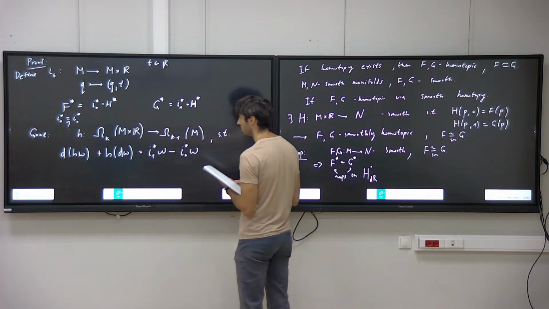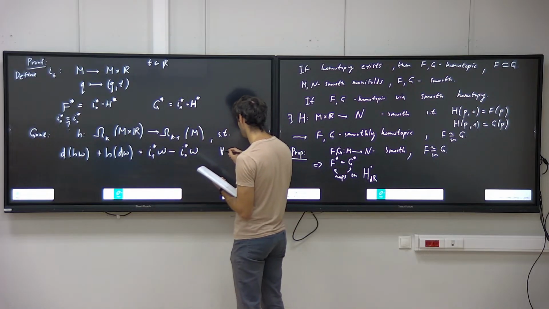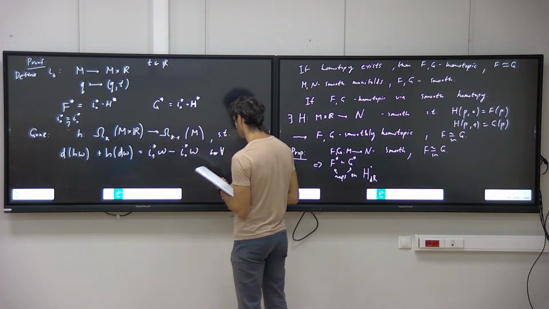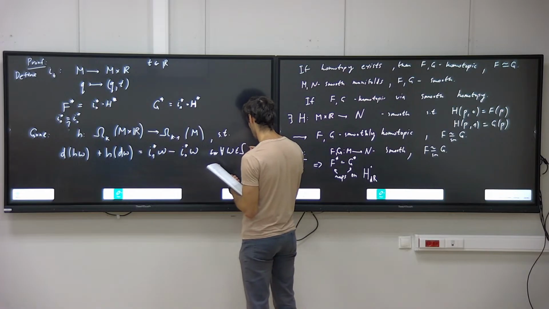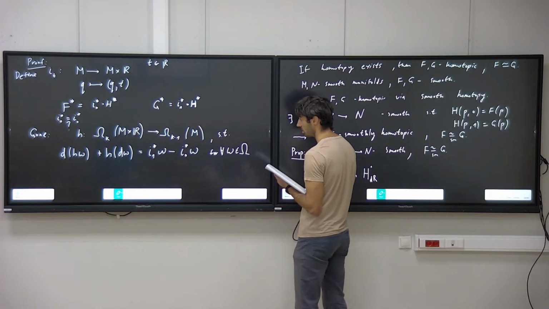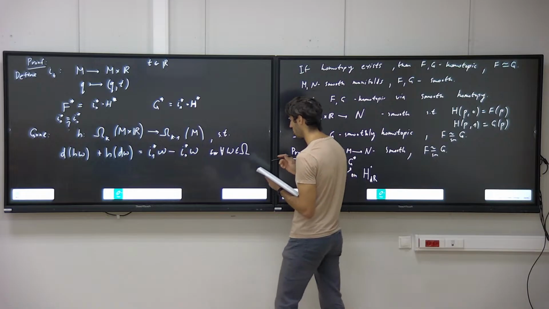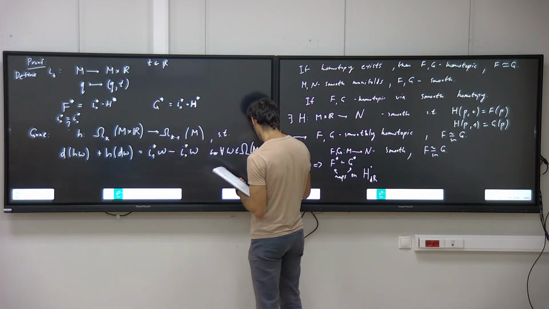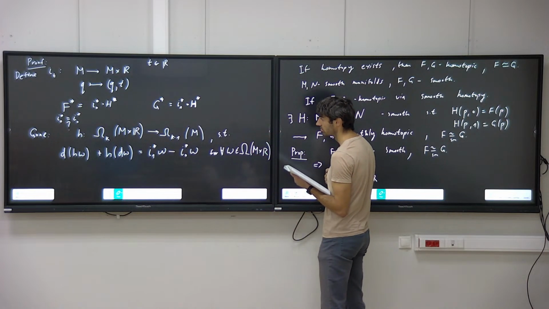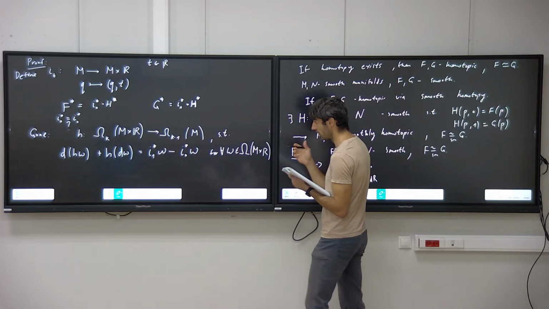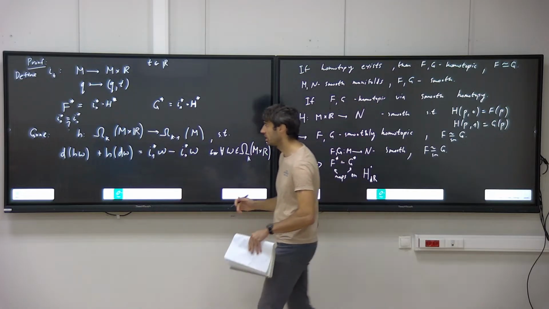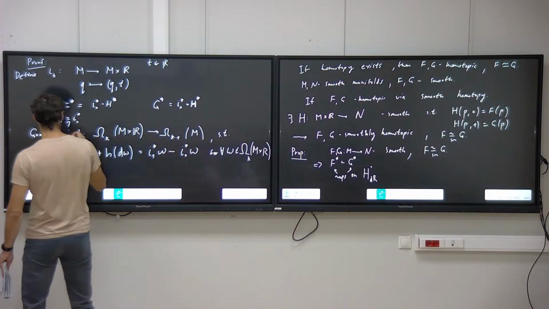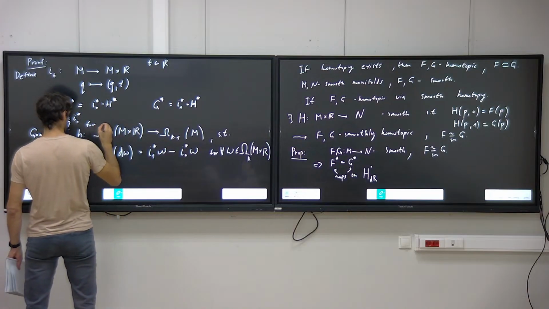So this is for any omega, so this is a form on M cross R. Right. So for any k, I want to build such a map.